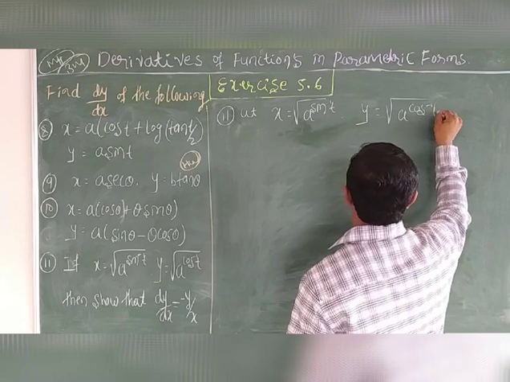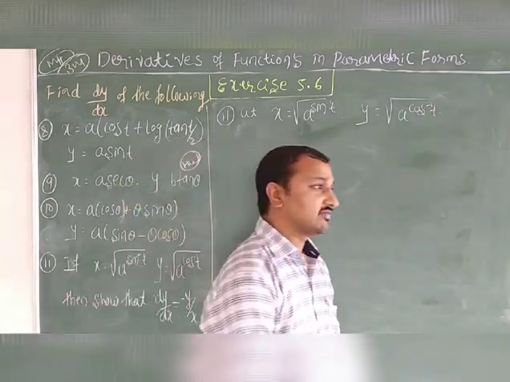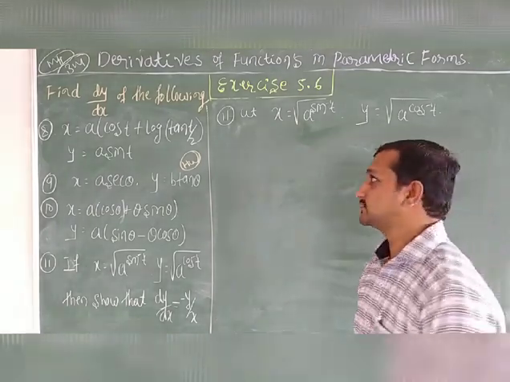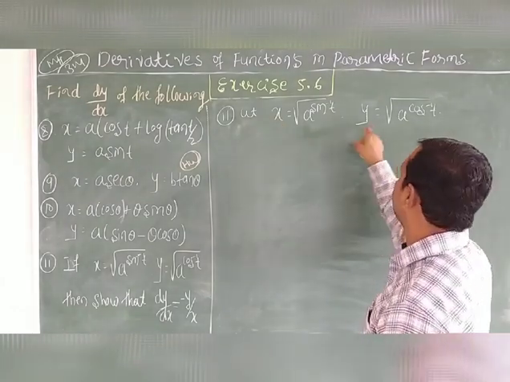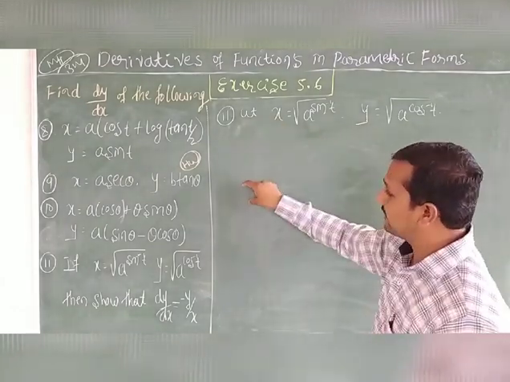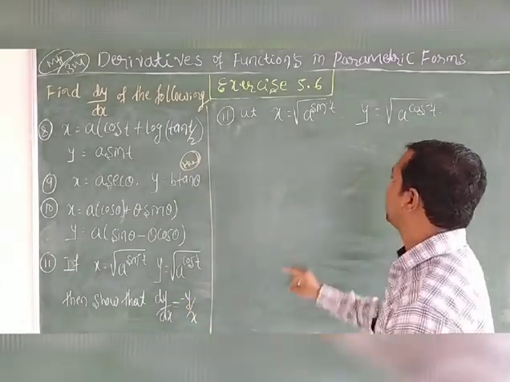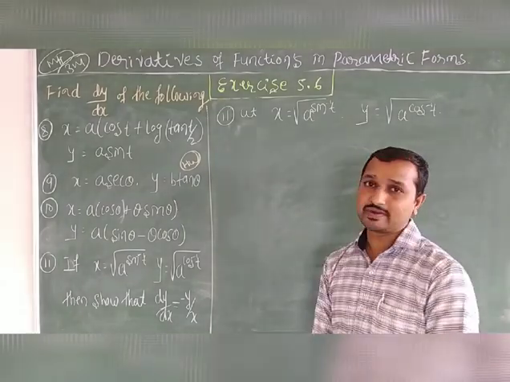Students, in this example, we can apply the parametric form or we can apply direct differentiation. Direct differentiation is very easy. So I could take dx by dt, then dy by dt, and lastly dy by dx, but I can write it directly by using the inverse trigonometric function.